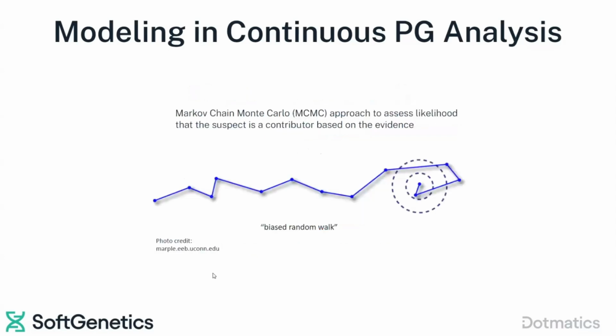I think most people are familiar now with the Markov chain Monte Carlo approach to assess the likelihood that a suspect is a contributor based on the evidence. This photo credit from University of Connecticut is describing it in very simple terms: a collection of potential parameters, then look at another set of potential parameters and compare.